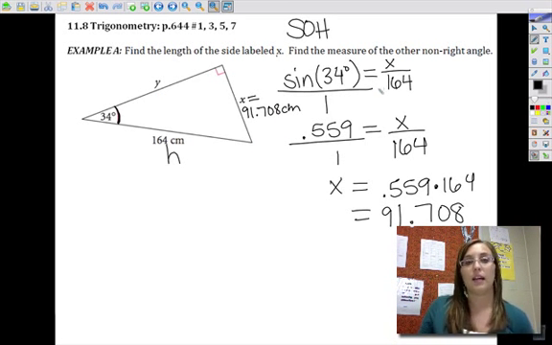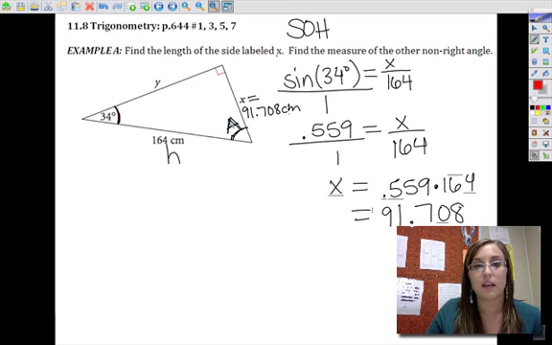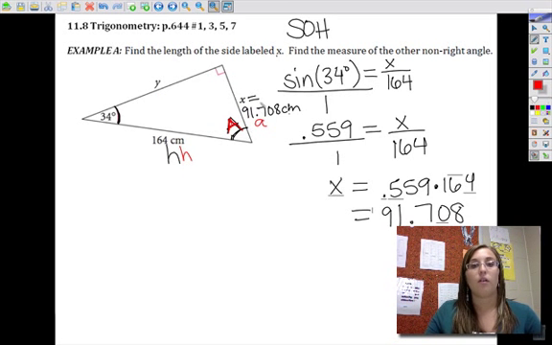All right, so now the next thing I need to do is find the measure of the other angle. So I want to find the measure of this angle. Let's call this angle A. If I look at this angle here, the sides that I do know from this angle are the adjacent side and, once again, the hypotenuse. So I know the AH.